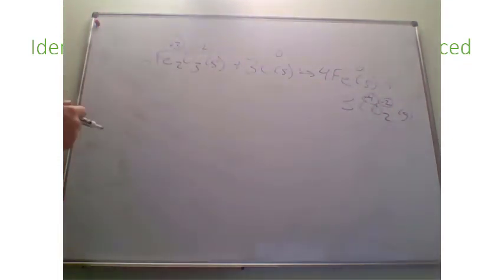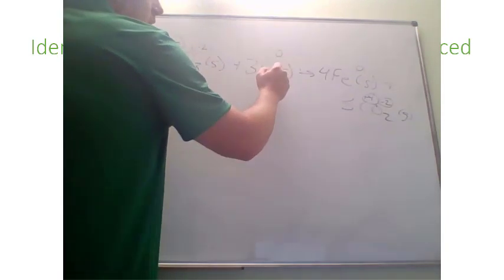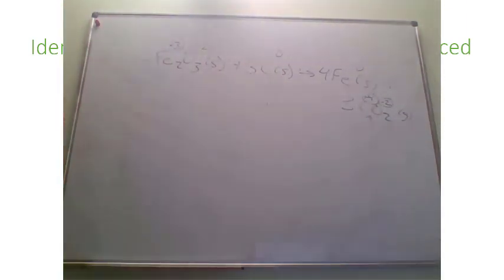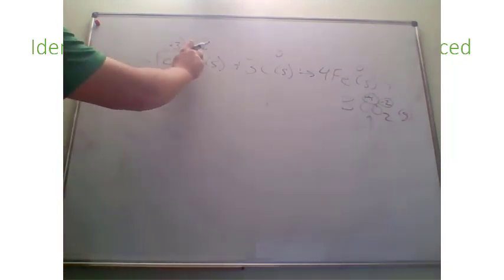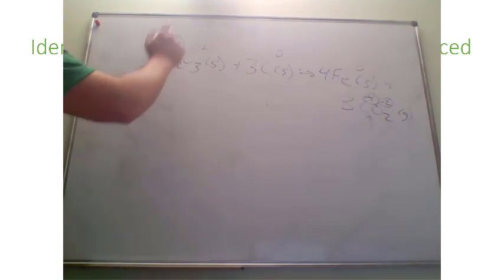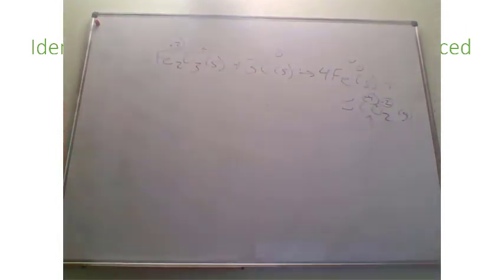Okay, so if we take a look at our oxidation or reduction, we can see that the carbon goes from an oxidation state of 0 to now an oxidation state of +4. We see our oxygen stays at -2 the whole time, but our iron goes from a +3 down to 0.